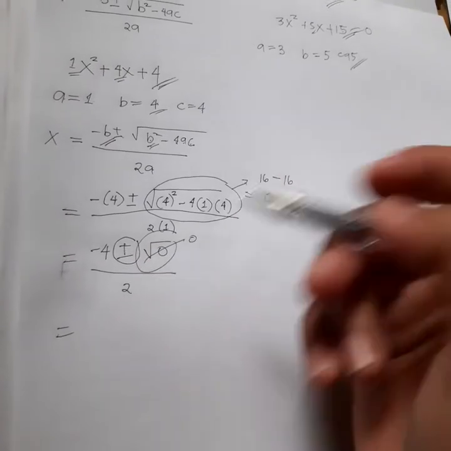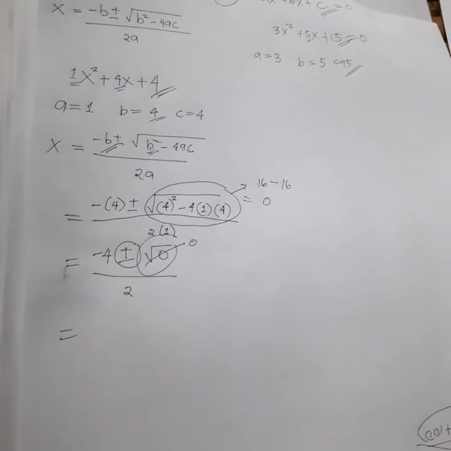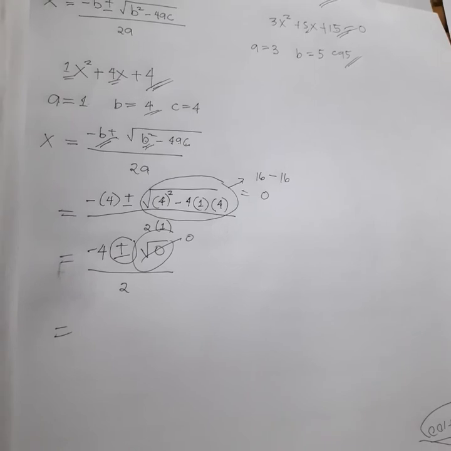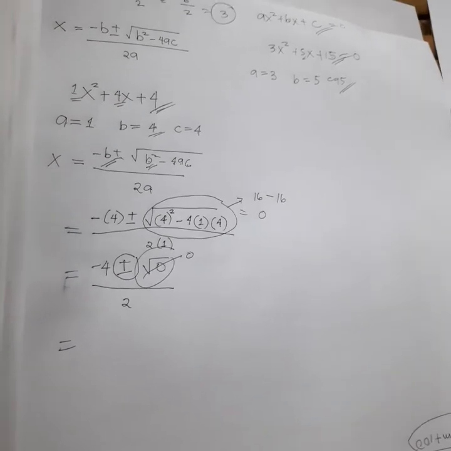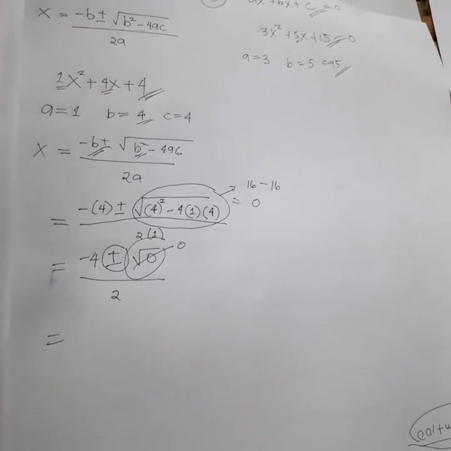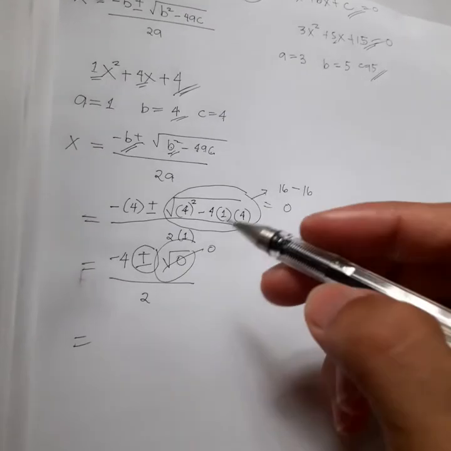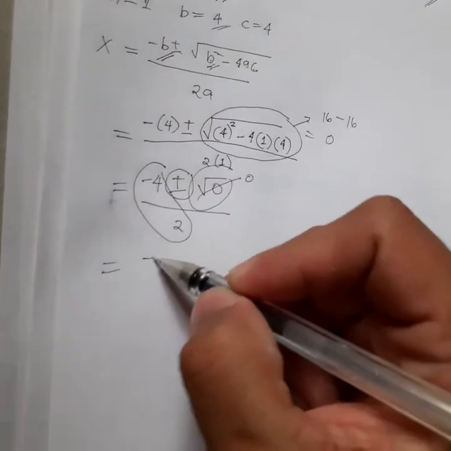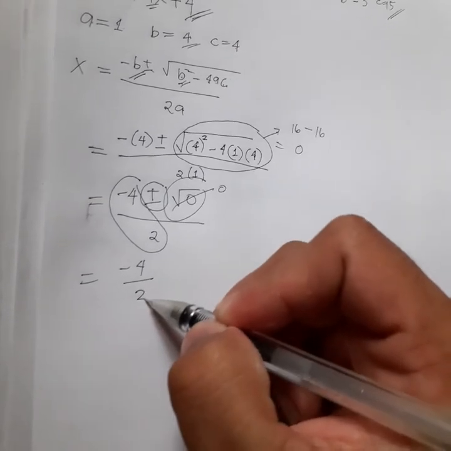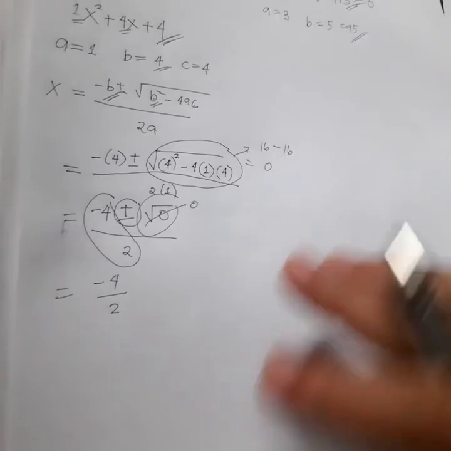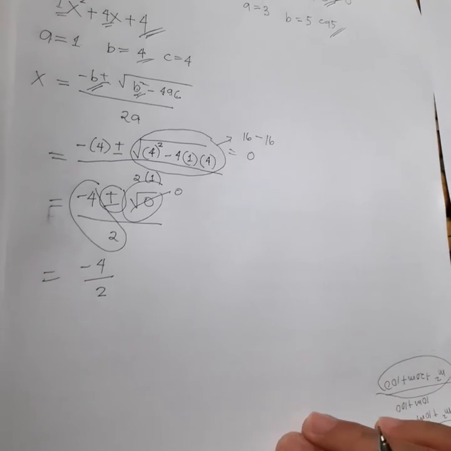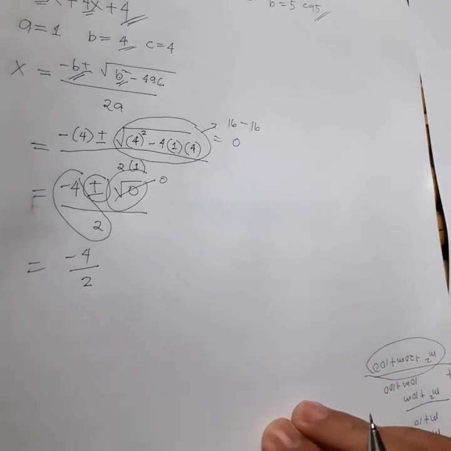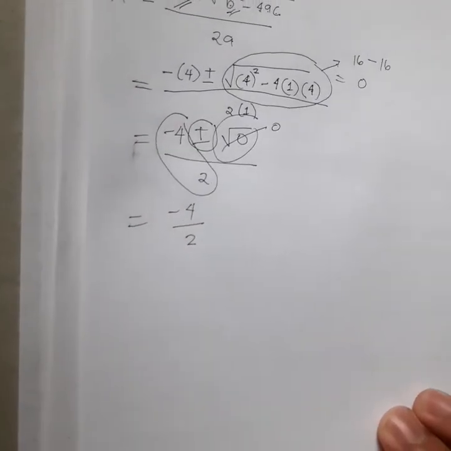Some students write their answer as negative 0 and positive 0, but 0 has no sign. So what remains is negative 4 over 2.